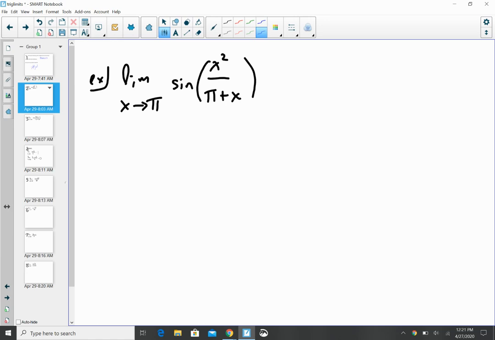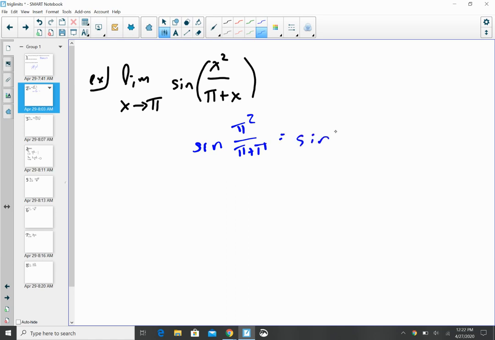Okay, so the first thing is, like I said from the very beginning, you try to plug in first and see what you get. Because sine is continuous, you could just take that pi and plug it in. So this is like saying, all right, what is the sine of pi squared over pi plus pi?